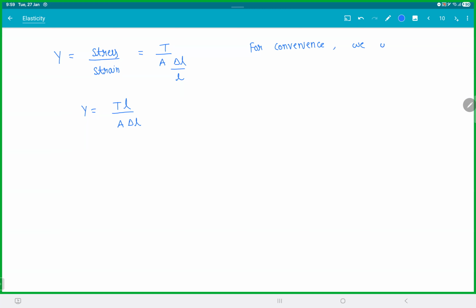For convenience, we will write E. It just looks good, nothing much. I'm used to it. So E is that elongation or compression. So this is your final formula there. Y is equal to TL by AE.